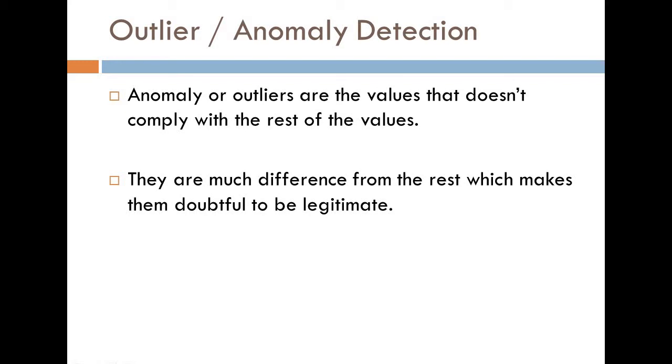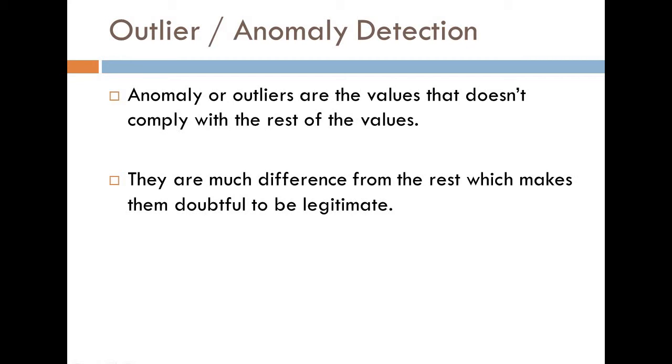So what actually are outliers? Outliers can also be called anomalies, and these are the points or the objects or instances or documents that do not comply with the rest of the values. So if we have a dataset with different users and their buying patterns, and there is a user whose buying pattern is very much different from the rest of the data, that is most probably an outlier.